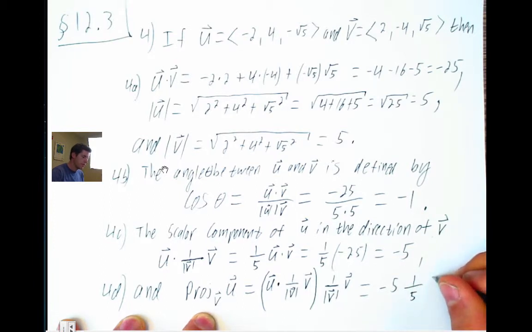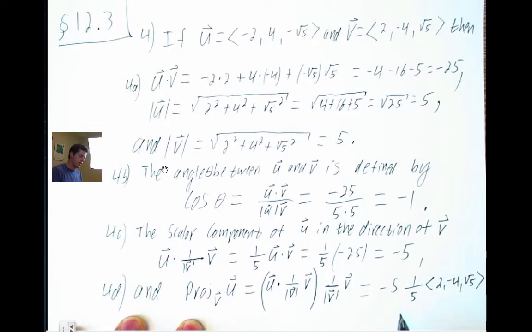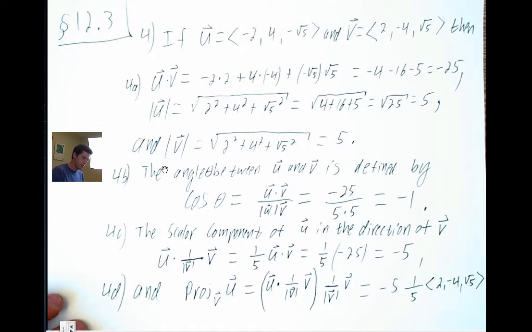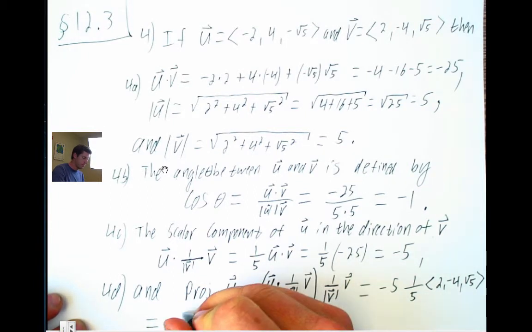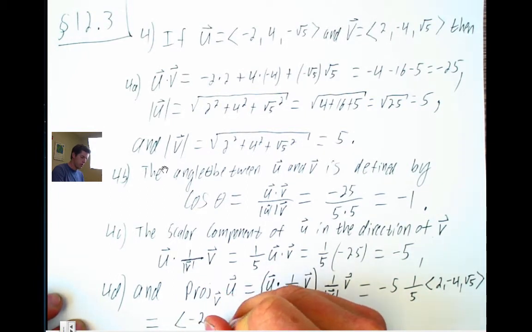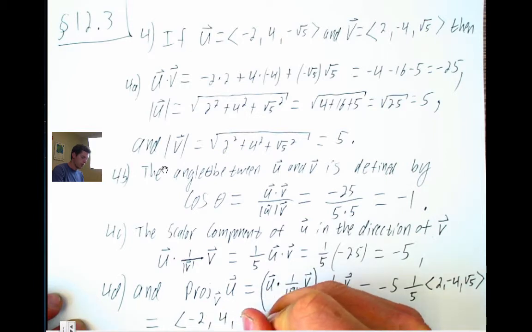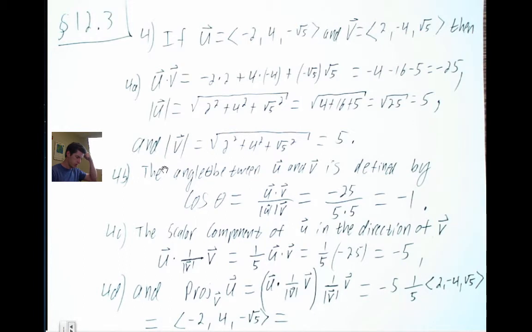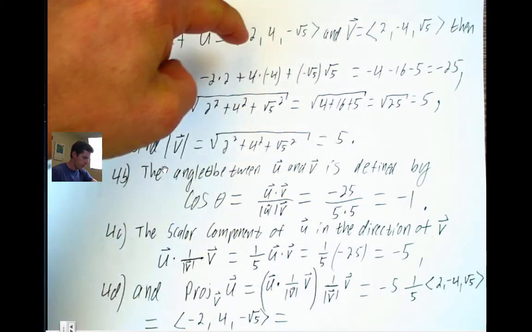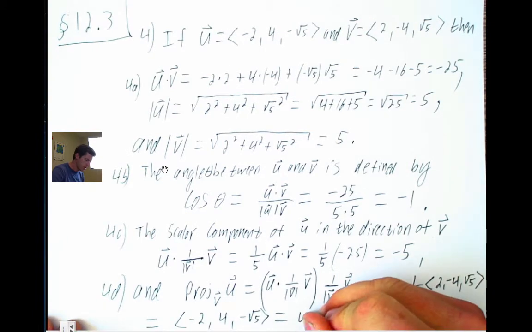At any rate, v was 2, negative 4, square root of 5, and since we've just got a negative 1 there, that'll give us negative 2, 4, negative square root of 5, which is equal to, I mean, I've seen this before, it's u itself.